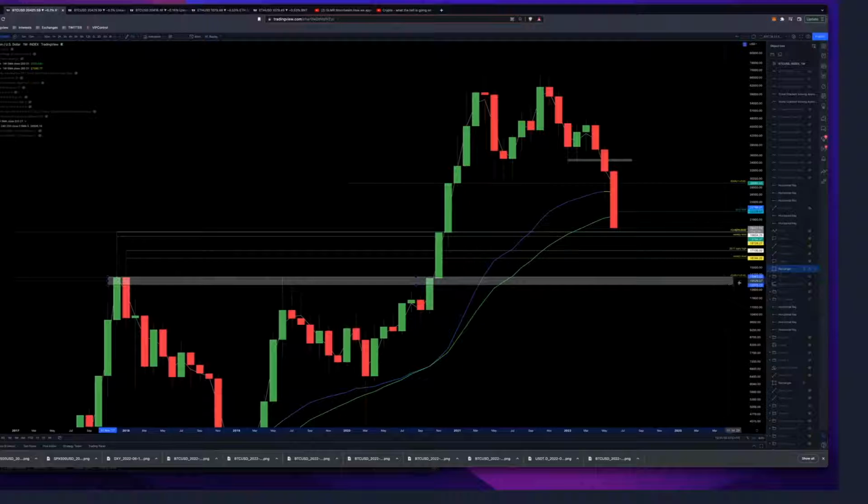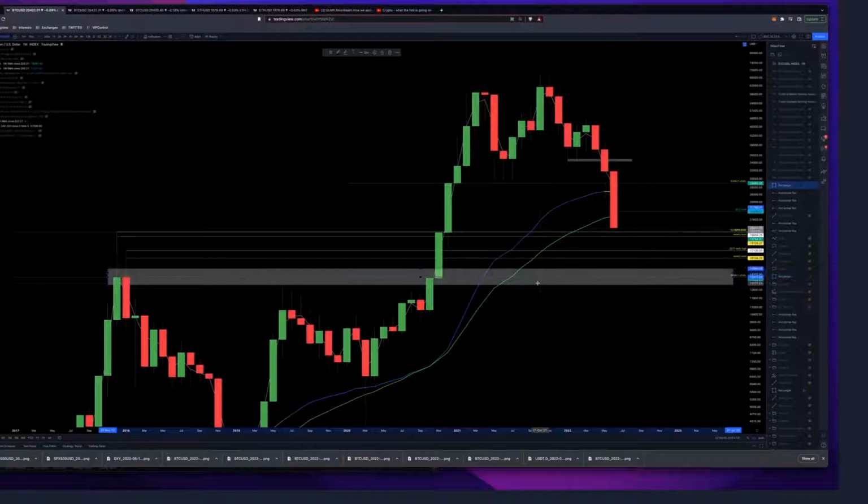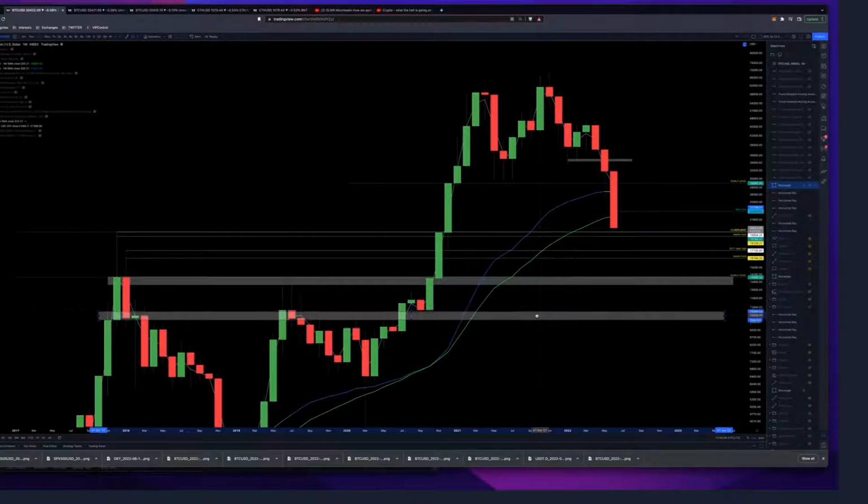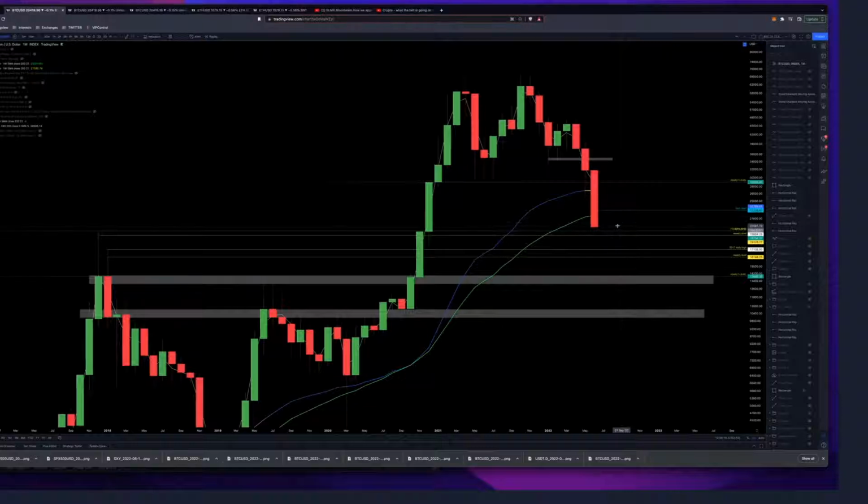Again, that is about 14K. So we would expect that this will come into play as a strong support. And then our next big macro support is down here, isn't it? Which is about 10K. So we have levels that it can play out.